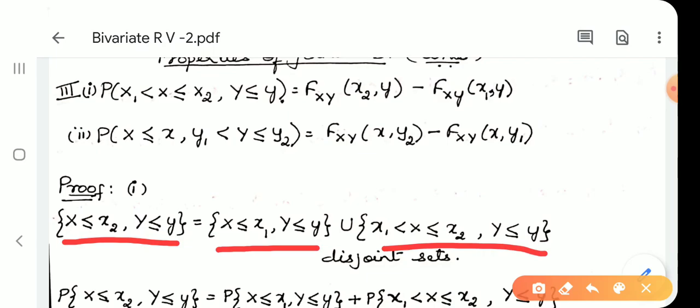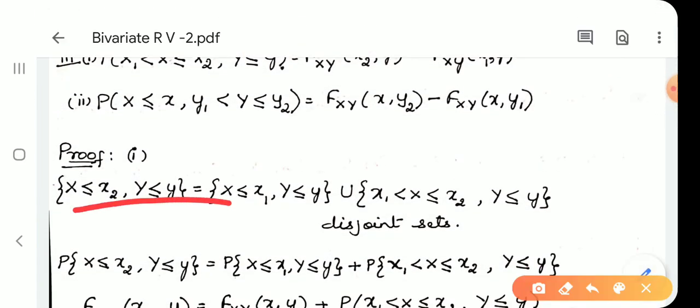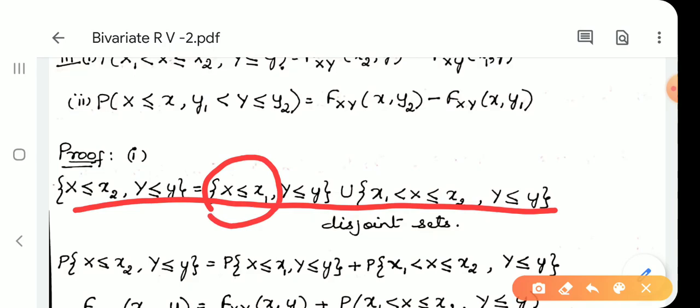Here if you clearly see, in the two sets, X less than or equal to x1, this set contains all the elements which are less than or equal to x1 and it also includes x1.